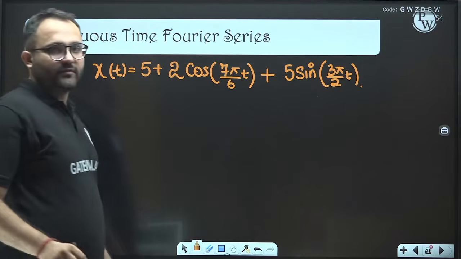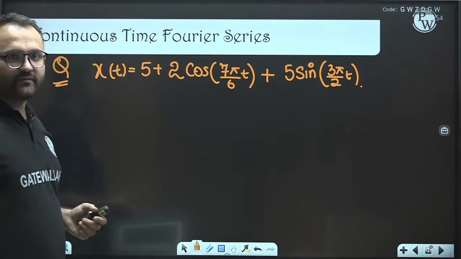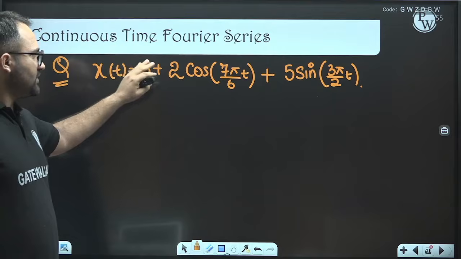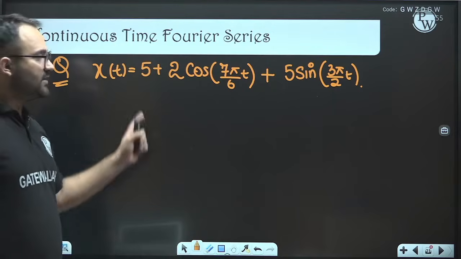Okay, so this is a DC signal. It will not affect the periodicity of the signal. We know that while finding the period, we can neglect this 5.